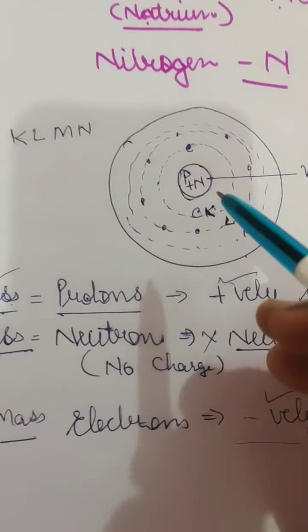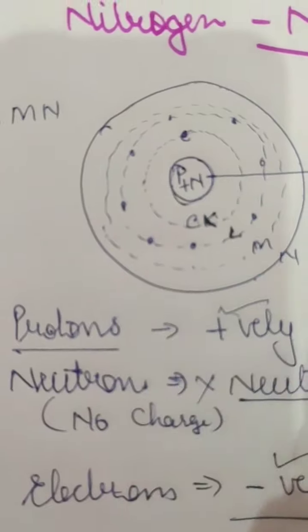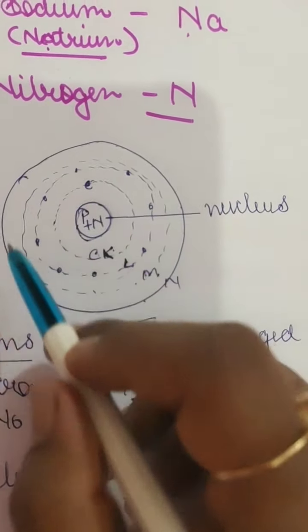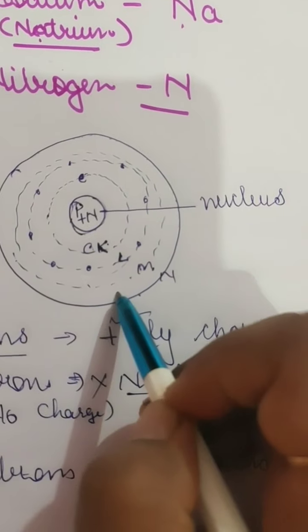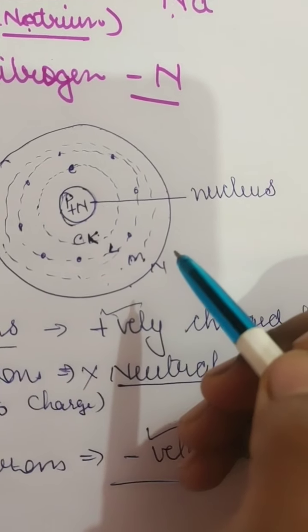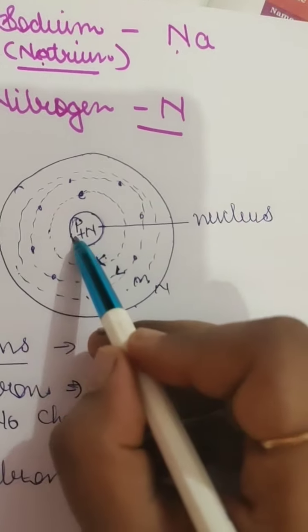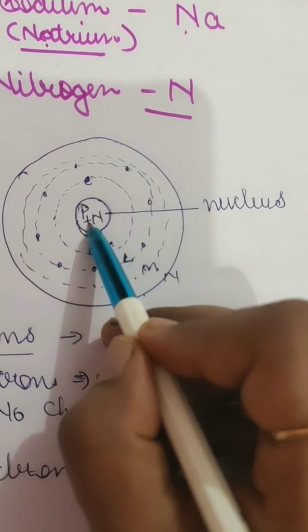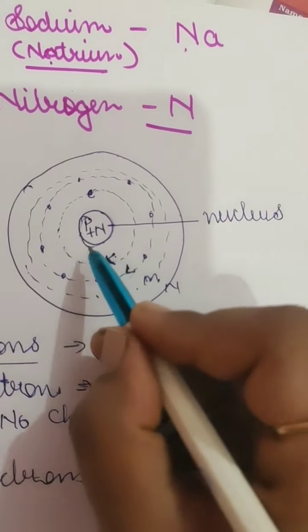So the mass of the atom lies only in the nucleus, because the atom is mostly empty, and the electron is so small that we don't even consider its mass. The tiny part in the atom, the nucleus, has all the mass. That means all the weight of the atom is in the nucleus.